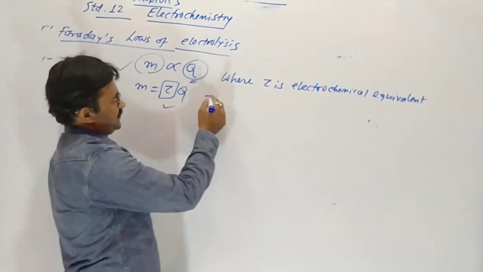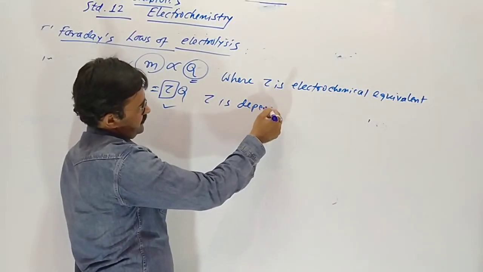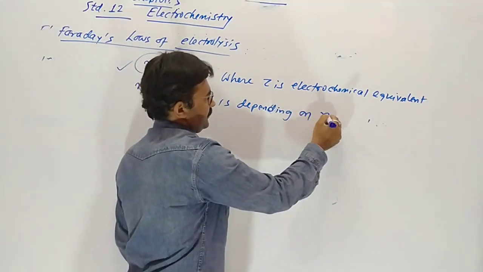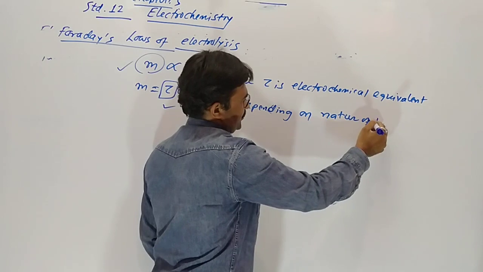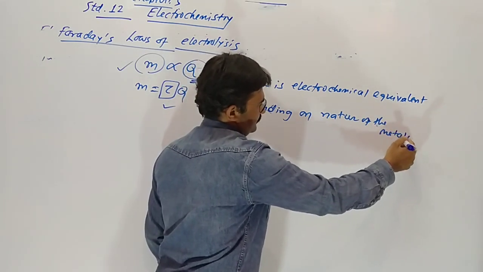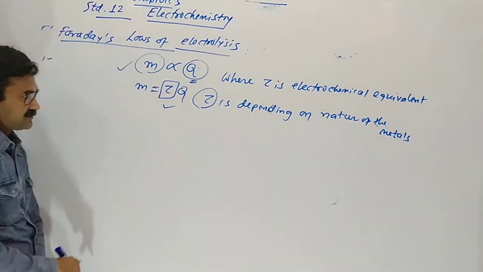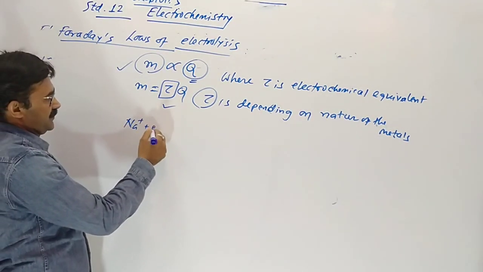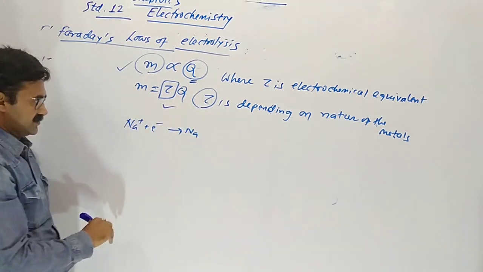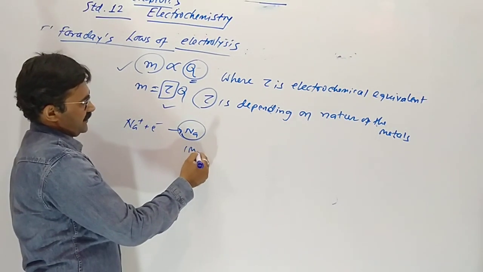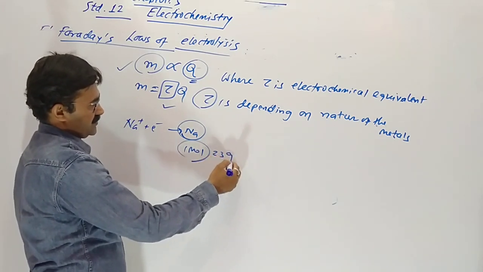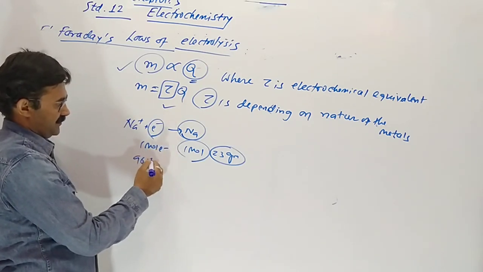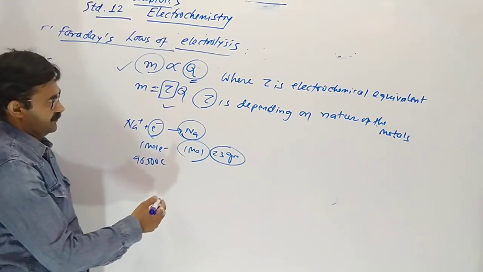Z depends on the nature of the metal. If the metal changes, Z will change. I am giving you an example. Na plus electron gives sodium. For getting 1 mole sodium, atomic mass 23 gram, 1 mole electron is needed, and the charge of 1 mole electron is 96500 coulomb.